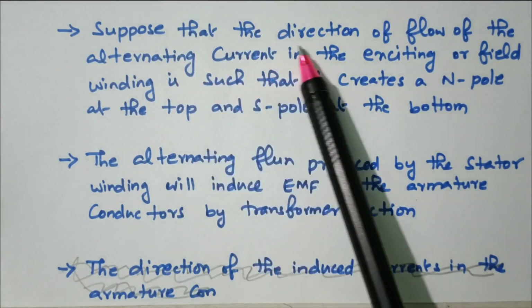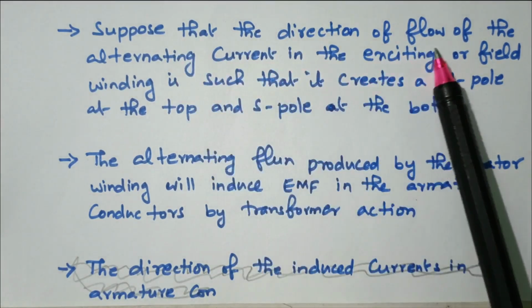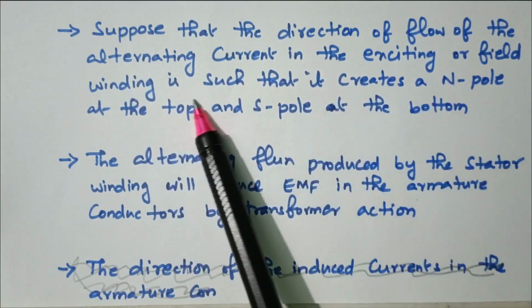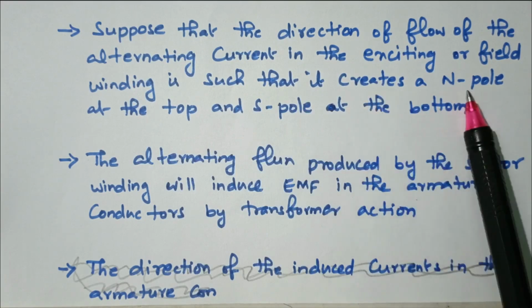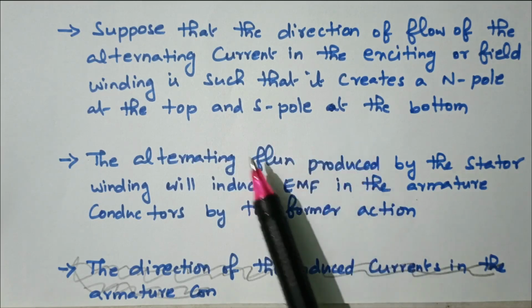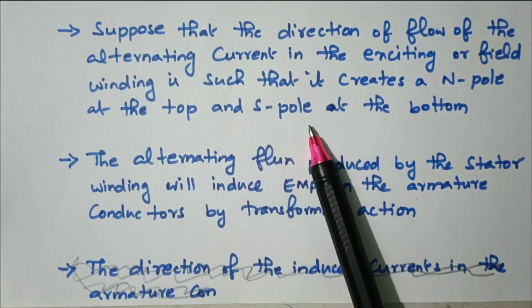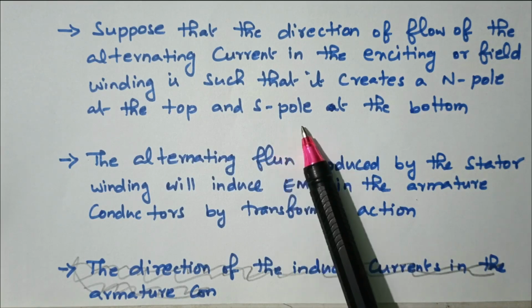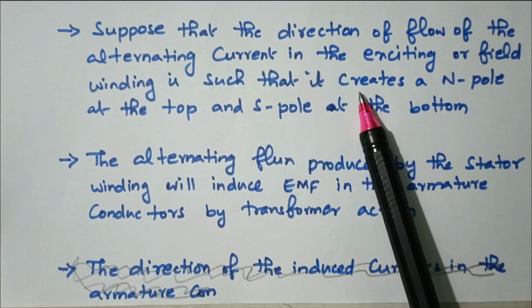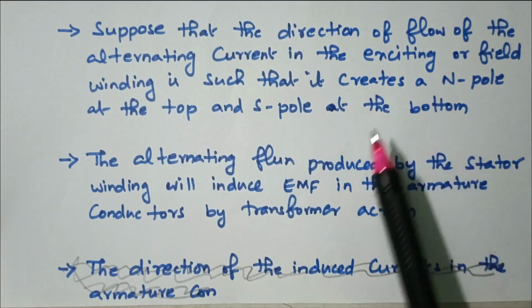Suppose that the alternating current flows in the exciting or field winding in such a way that it creates an N pole at the top and an S pole at the bottom. We'll discuss that in the diagram itself. The N pole is at the top and the S pole at the bottom because of the direction of the exciting current and EMF. Based on that, the poles are created.